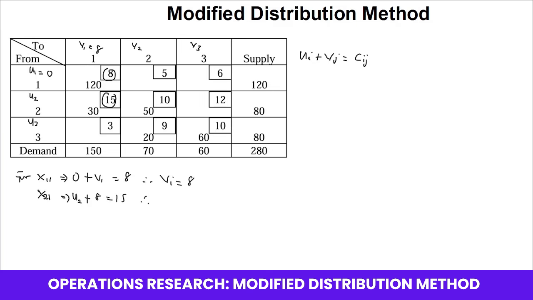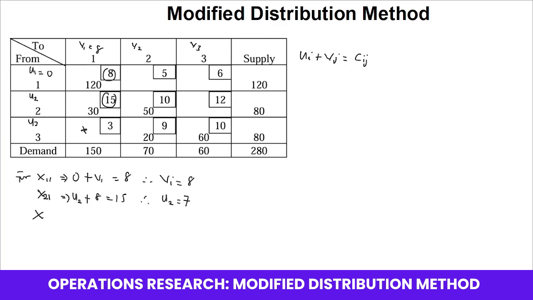When 8 crosses to the other side, we have U2 equal to 15 minus 8, and that gives us 7. For 3-1, that is not an allocated cell.